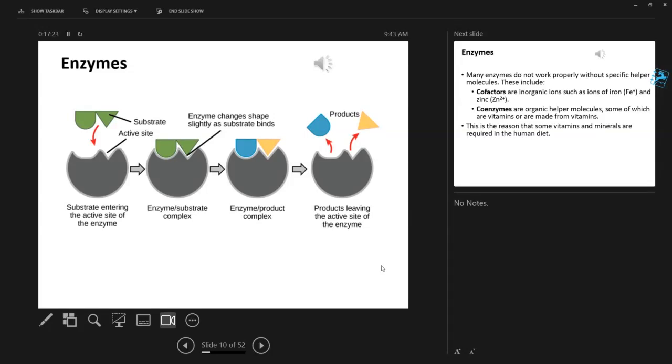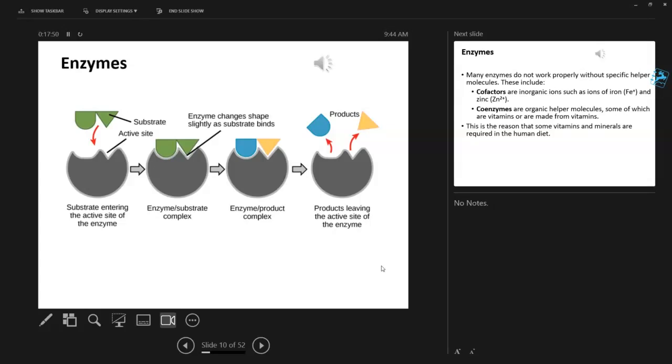So this would be a molecule. So this could be like a double sugar, like sucrose. It's made up of two simple sugars together. But that molecule of sucrose fits into that active site perfectly. And so this enzyme, its job would be to break this sucrose molecule in half.